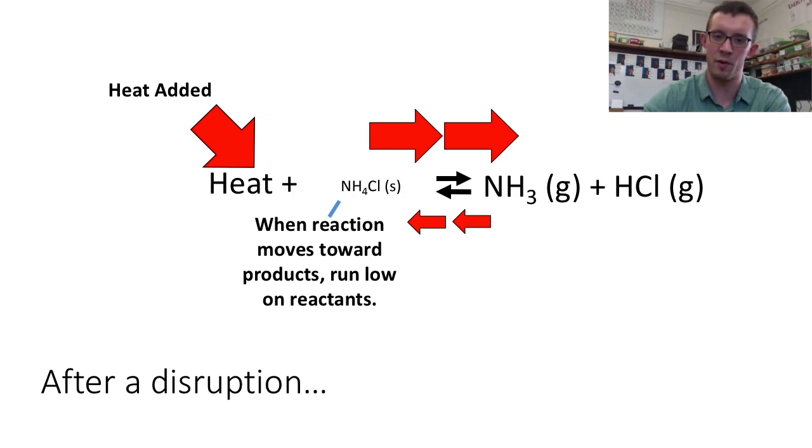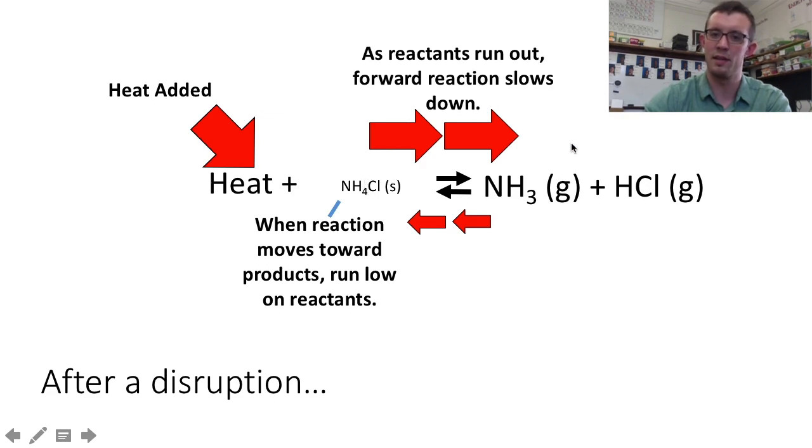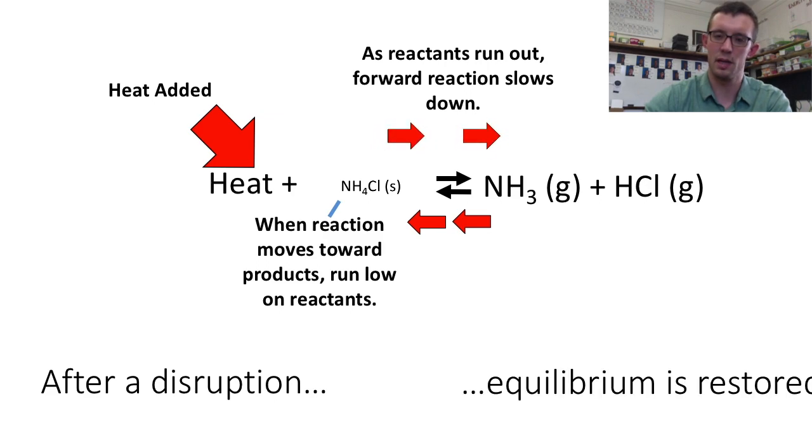The concentration of our reactants would decrease. And so in the process, the rate at which we were able to convert those reactants into products would slow down as well, until eventually equilibrium is restored.